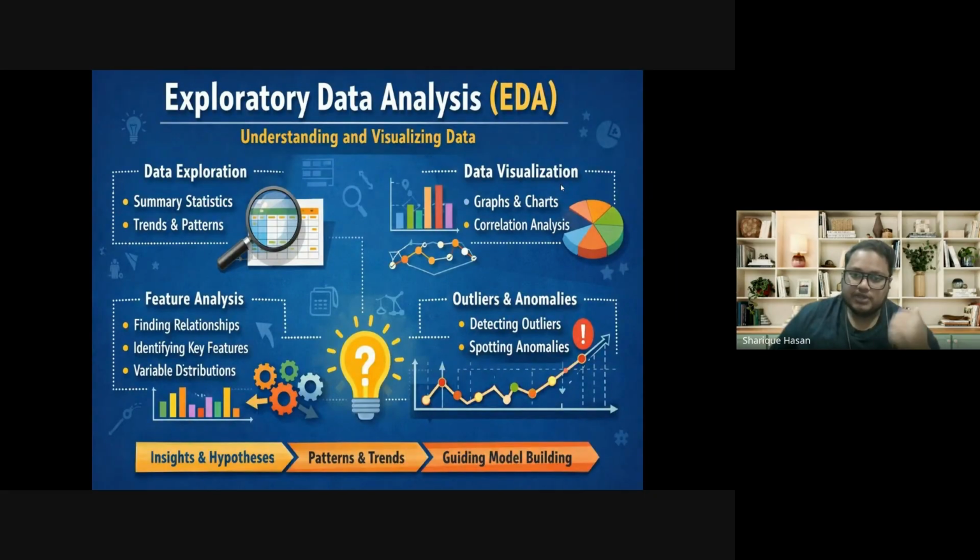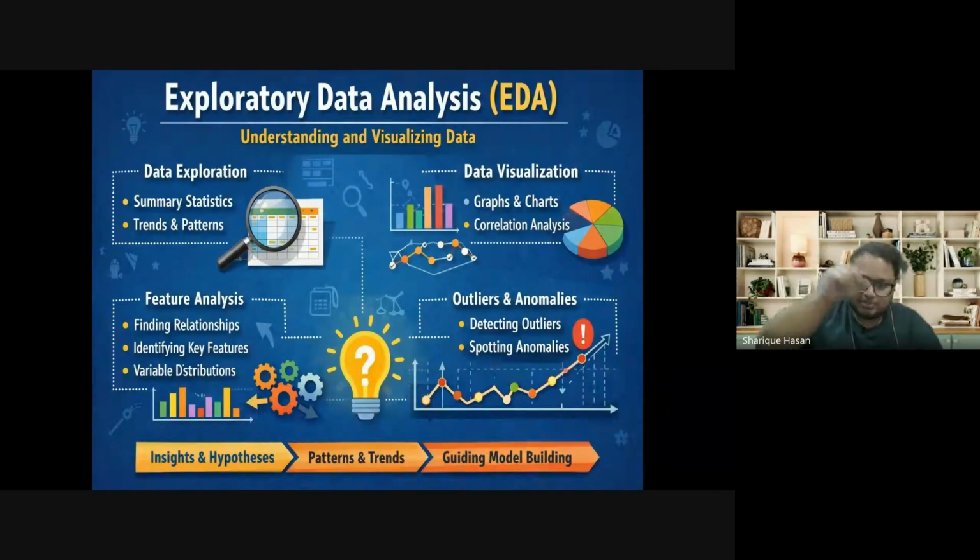What is data visualization? The graph, the chart, the correlation analysis. The chart is very important. The chart shows you the market size, for example if you analyze two or three companies, which company has a bigger market size.